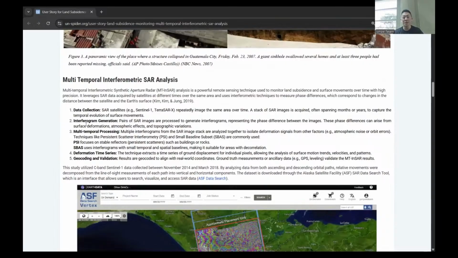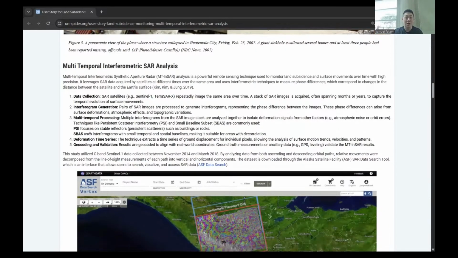I'm going to dive in more later, but the usual workflow is data collection, interferogram generation, multi-temporal processing, deformation time series, geocoding, and then validation.